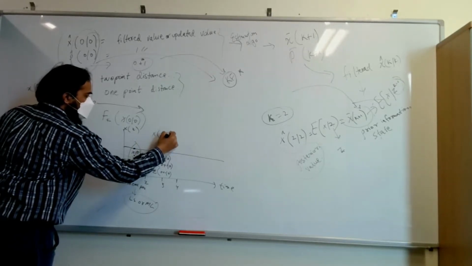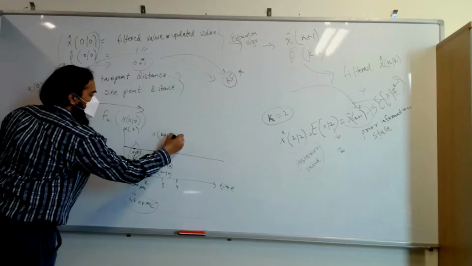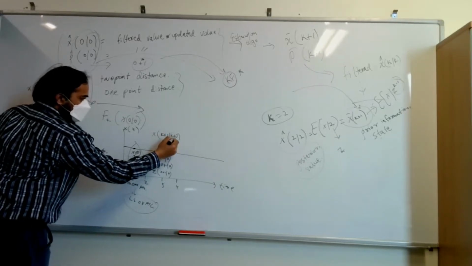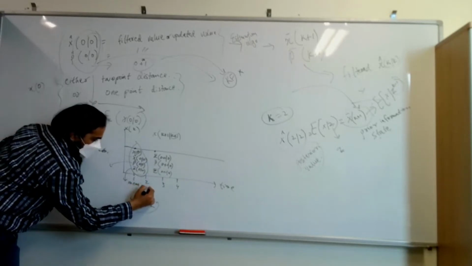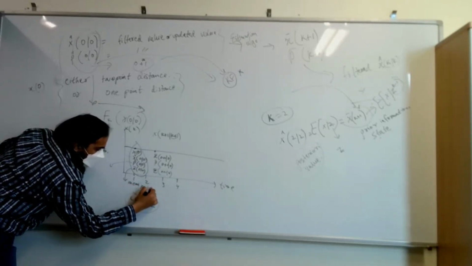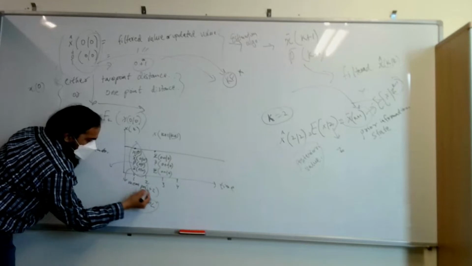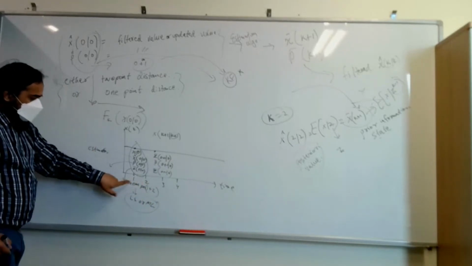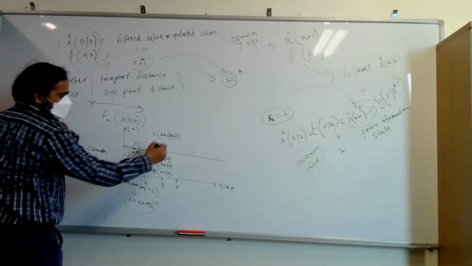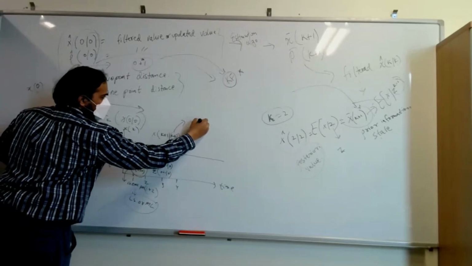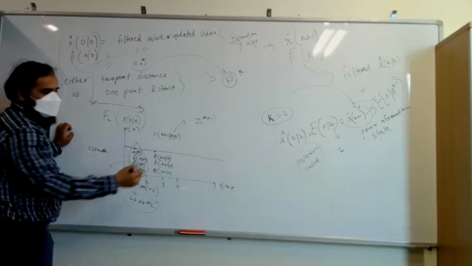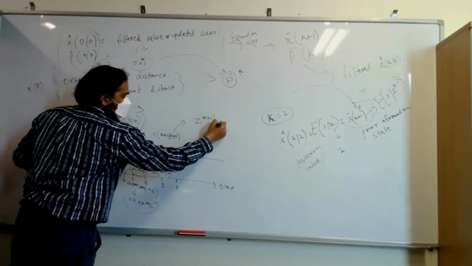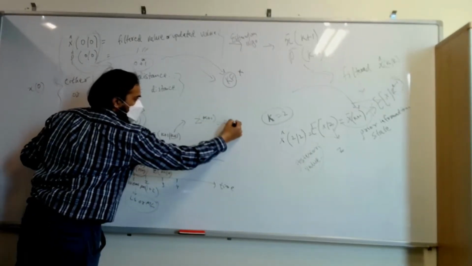Okay, so here we will find k plus 1, k plus 1, k plus 1. Why? Because the new filter value is at 1 plus 2. We are here, we are not here. So we will use this z k plus 1, which is nothing but z of 2.